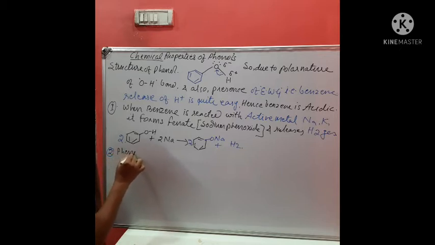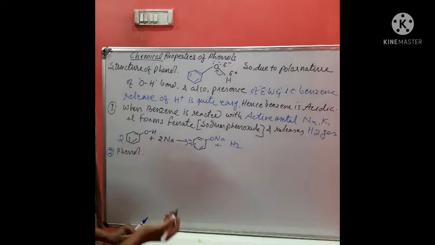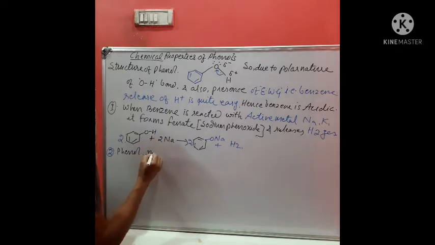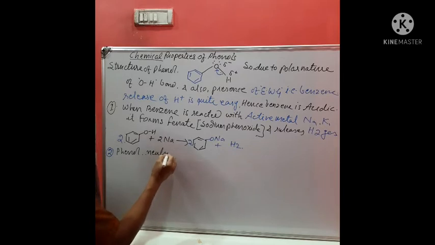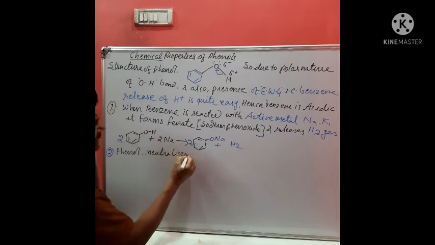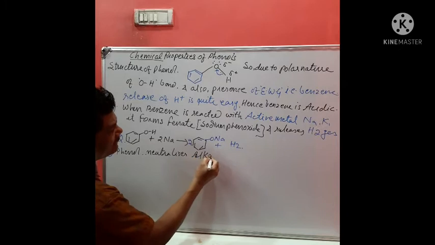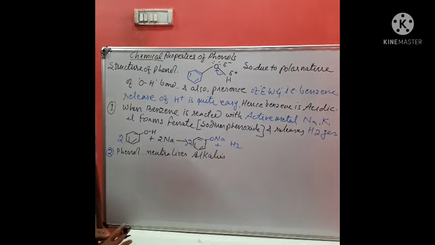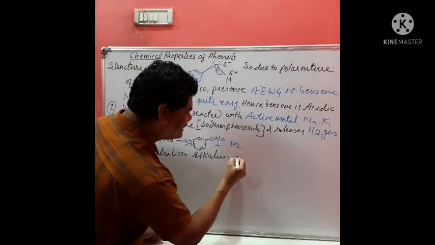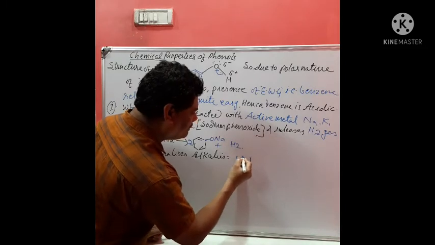Second one is phenol. Now, being acidic in nature, it can neutralize what? Alkali. Phenol neutralizes alkalis. The same reaction will be there, a little bit of change, but almost the same reaction.